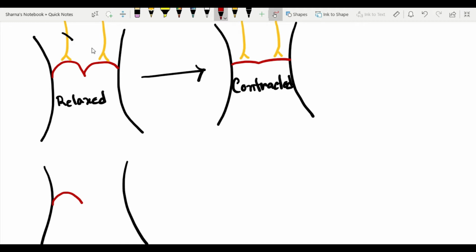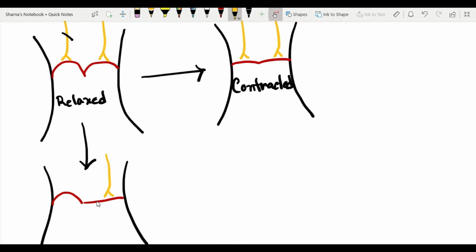But on the other hand, this side, this phrenic nerve is intact, so it is actually stimulating the diaphragm. So when this portion is stimulated and has an intact nerve supply, it will contract and flatten out a little bit. So during inspiration, you will find one portion is raised and another portion is contracted downwards. Okay, this is point number 1.